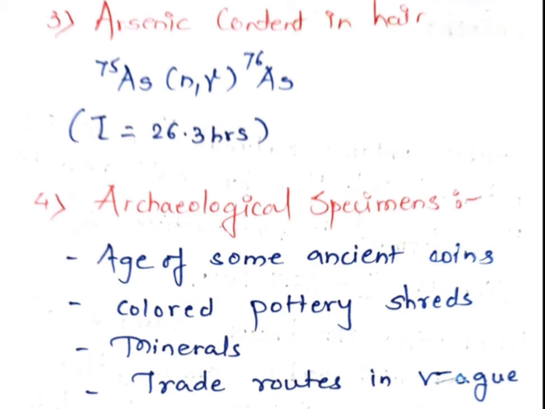Any arsenic entering the human body is known to accumulate in the roots of the hair and move along the length of the hair as it grows. The normal rate of growth of hair in most people is 0.35 millimeter per day.